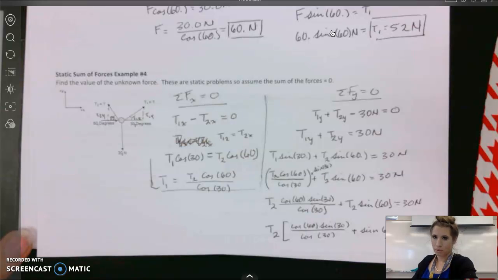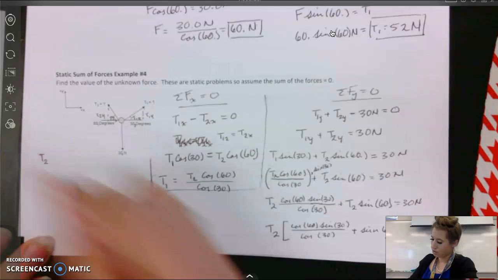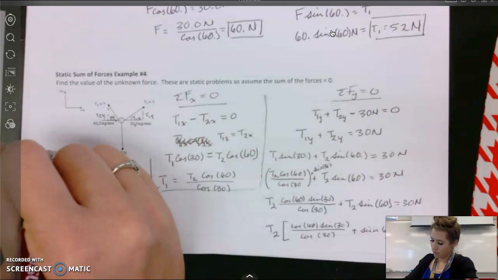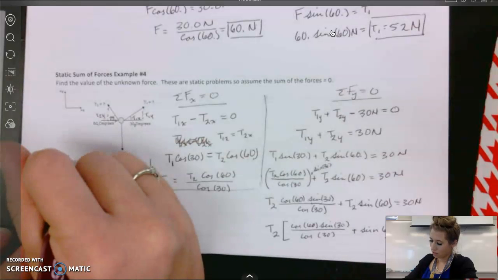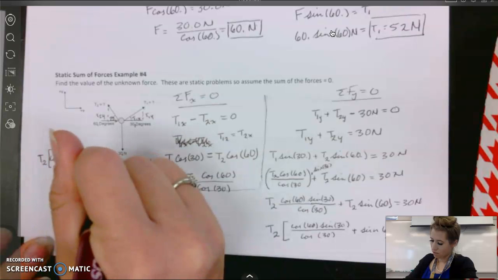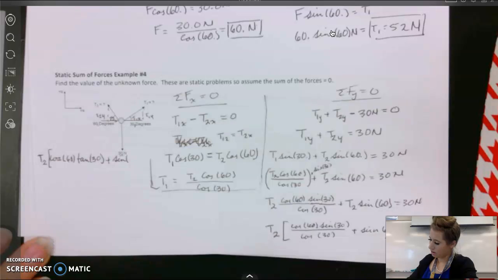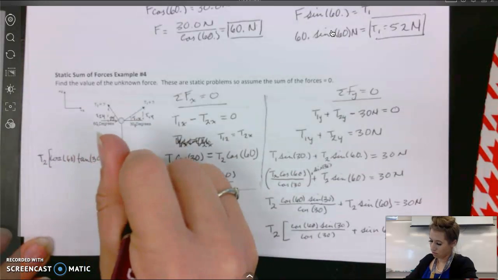But there is a way to simplify this a little bit. Sine of 30 over cosine of 30. Sine over cosine of the same angle is tangent. So I could write this as T2 times cosine 60 tangent 30 plus sine 60 equals 30 newtons.